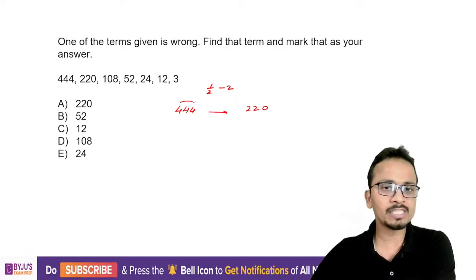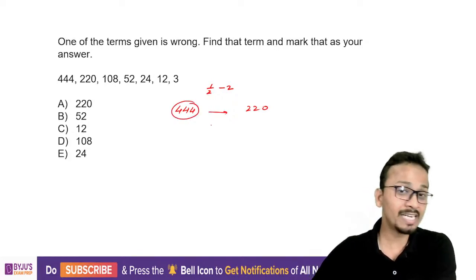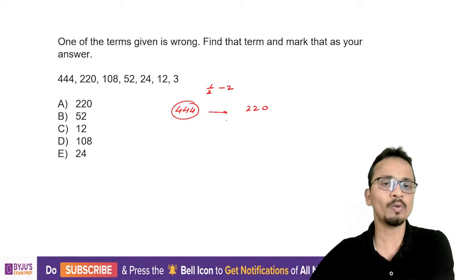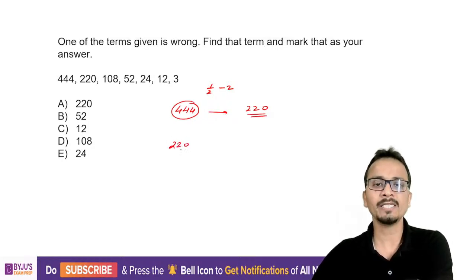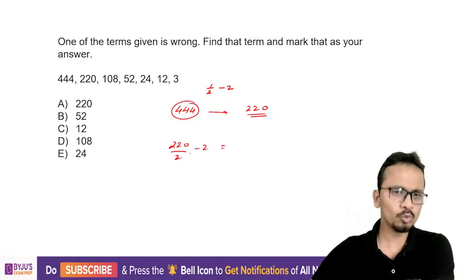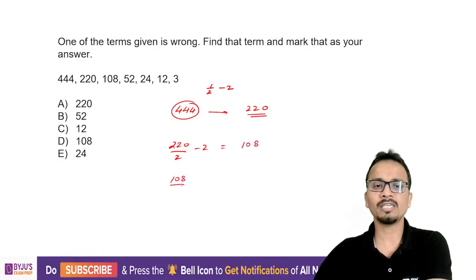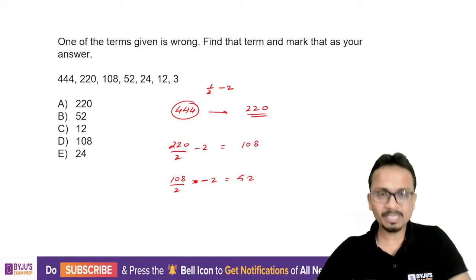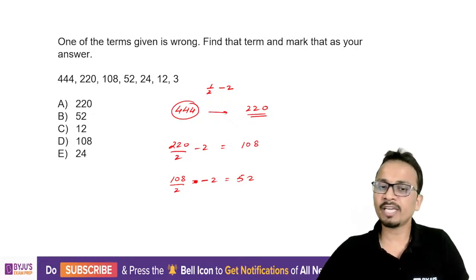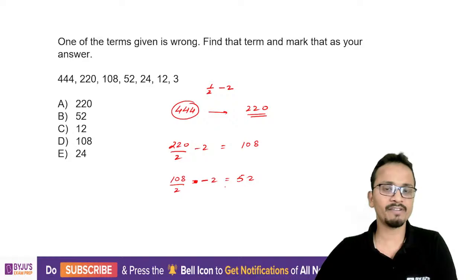So half of this number minus 2, so 222 minus 2 is 220. Again, from 220 I'll divide it by 2 and subtract 2, so 220 divided by 2 is 110, 110 minus 2 is 108. Again, 108 divided by 2 will be 54, and then minus 2, it will give me 52. So up till this point, everything is going as per the defined logic.